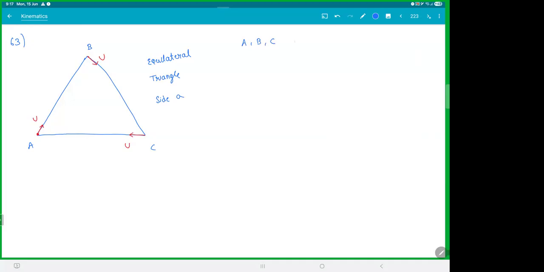A, B, C move with speed u such that A is chasing B, B is chasing C, and C is chasing A. What do you mean by chasing?